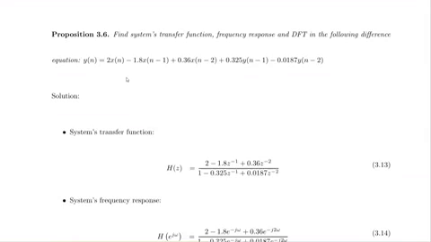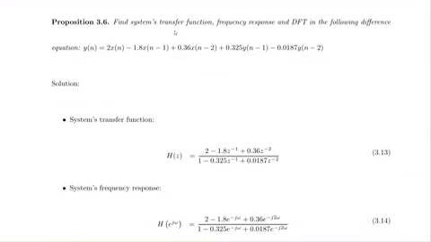Proposition 3.6. Find the system's transfer function, frequency response, and DFT for the following difference equation. If you are able to understand what's happening, you have started learning a very important part of DSP.